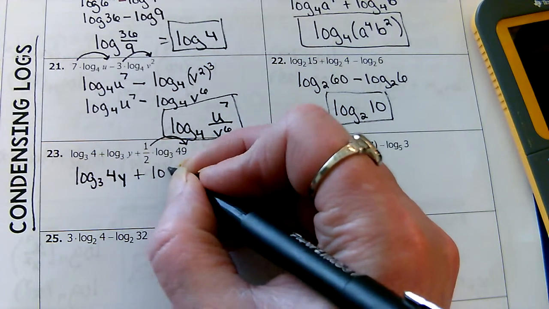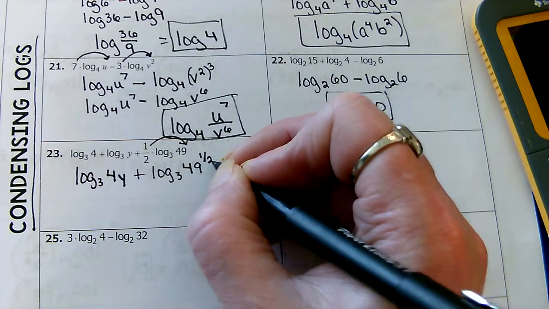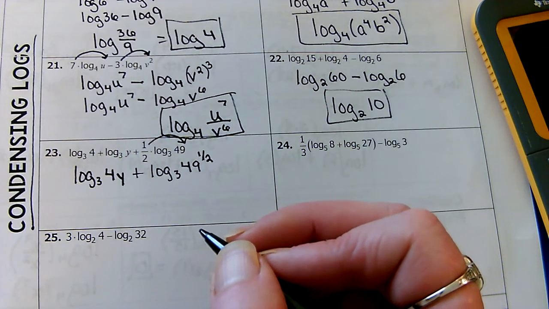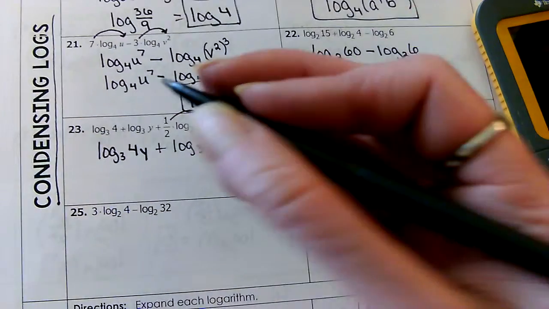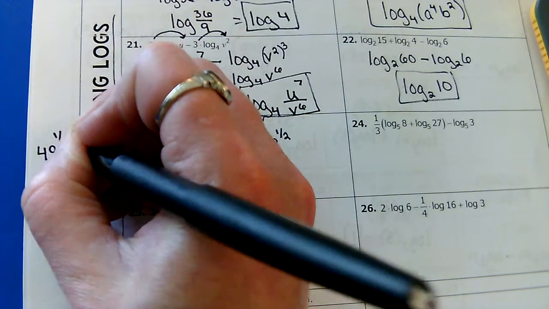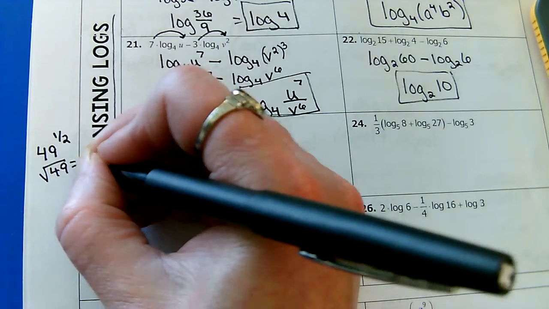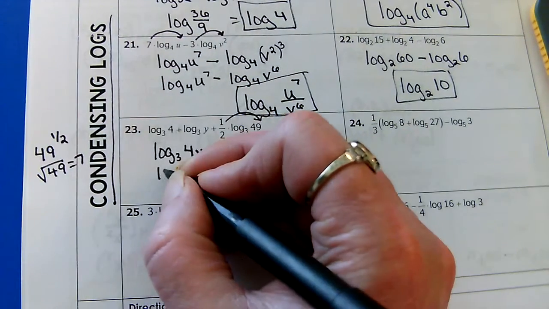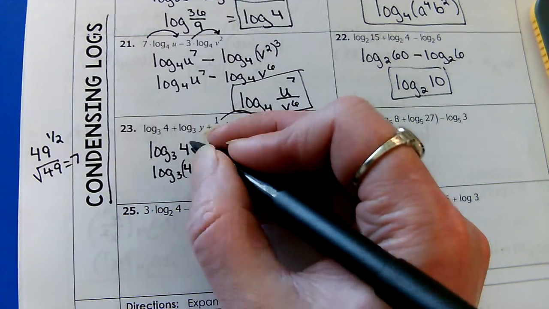What does it mean to have an exponent of 1/2? Well, that's the same as the square root. So that's the square root of 49. 49 to the 1/2 is the same as the square root of 49, which is 7. I should have put that in parentheses. That makes it better.